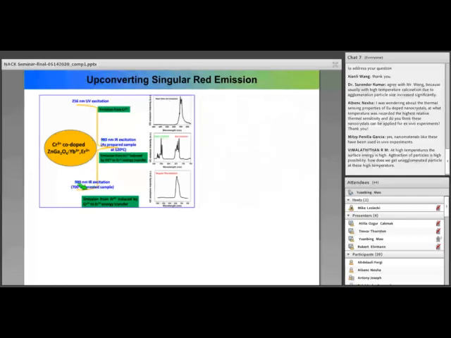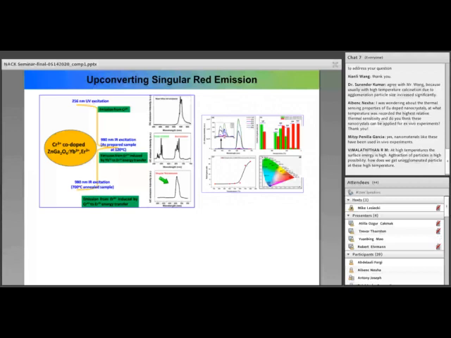And then when we annealed our samples to 700 degrees C, we see the upconversion peaks are completely different. Once the samples are annealed at 700 degrees Celsius, we see this singular red emission. So that's the important part.